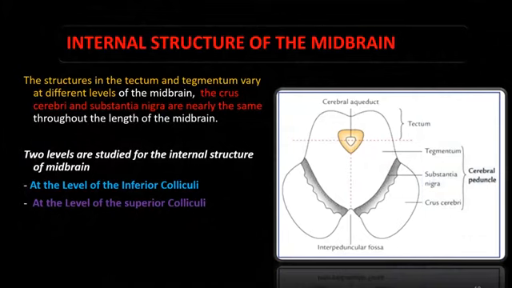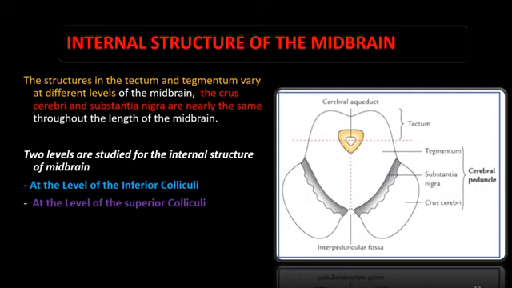In discussing the internal features of the midbrain, this study is done at two levels. Now, the structures in the tectum and tegmentum will vary at the different levels of the midbrain, while the crus cerebri and substantia nigra will nearly remain the same throughout the length of the midbrain.